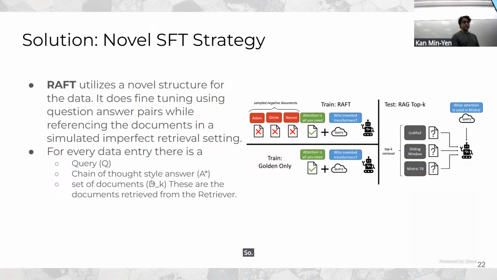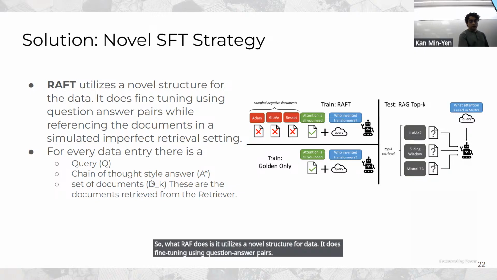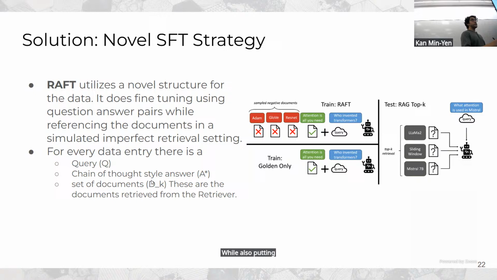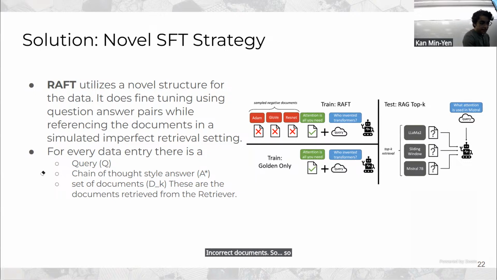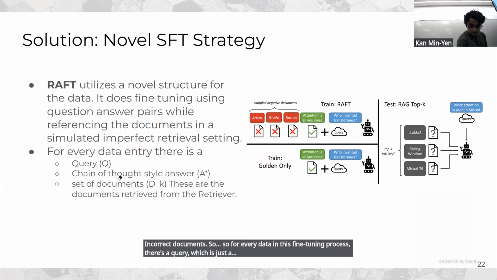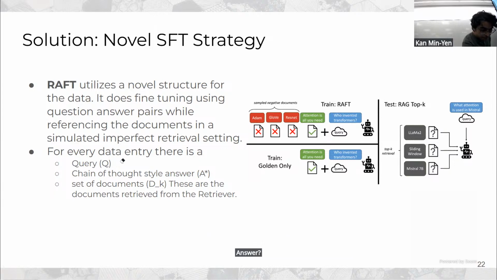So what RAFT does is it utilizes a novel structure for data. It does fine tuning using question answer pairs while also putting the model in a situation where it has to refer to incorrect documents. For every data point in this fine tuning process, there's a query, which is a question.